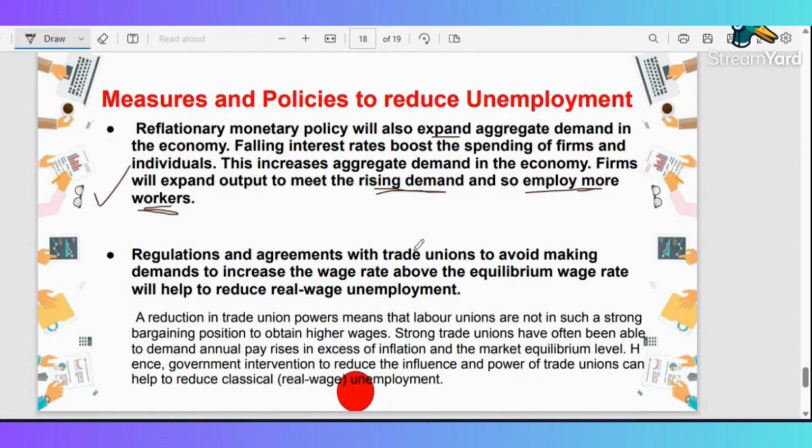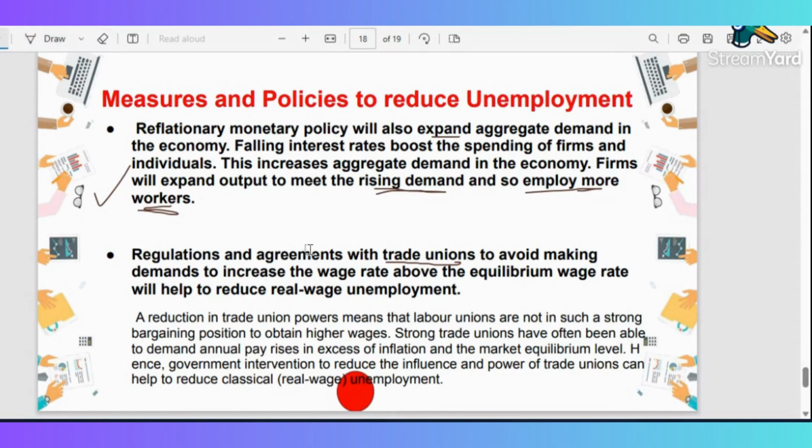Now, regulations and agreements with trade unions. We had discussed something close to this earlier. Trade unions should avoid making demands to increase the wage rate above the equilibrium wage rate. And this will help to reduce real wage unemployment.